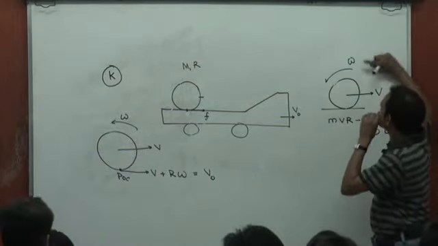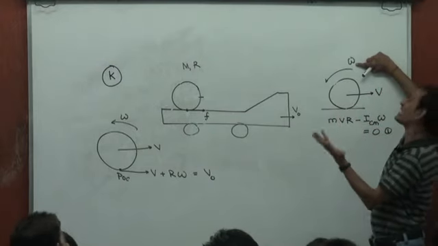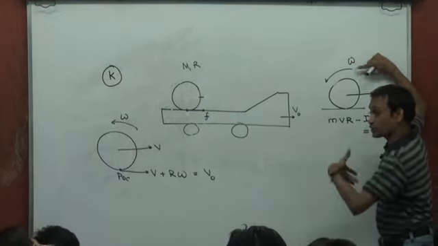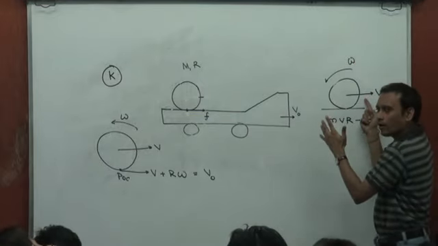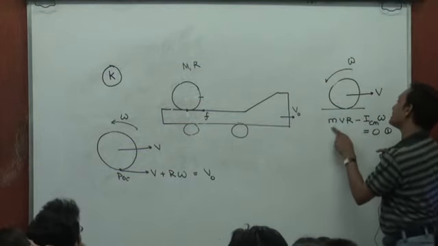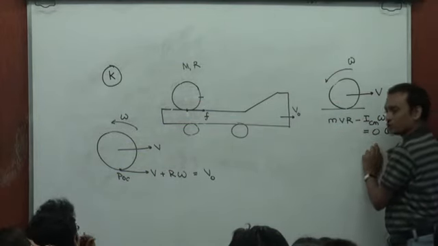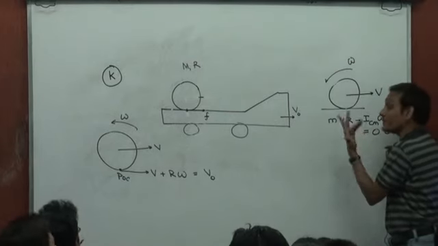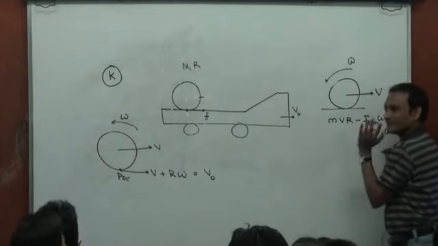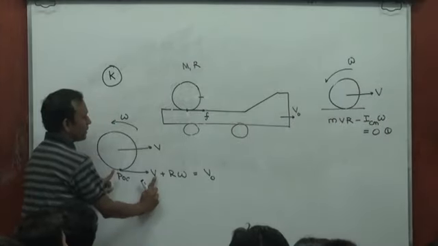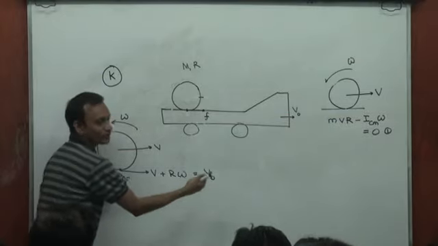Now, even if you are indiscriminate about the choice related to the direction of omega, I mean, if you had selected omega carelessly, clockwise, it does not matter, because then you would still have MVR plus I_CM omega equal to 0, which would cause omega to eventually become negative. And then if omega was like this, it would become V minus R omega equal to V. It will not matter.